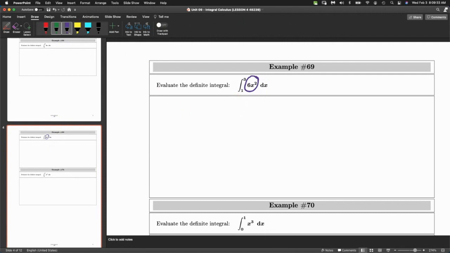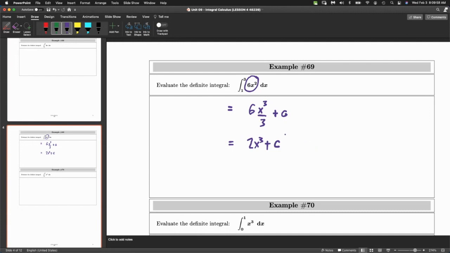So in this case, the antiderivative of 6x squared is 6x cubed over 3, plus c. Does that simplify? Of course it does. So that's 2x cubed plus c.